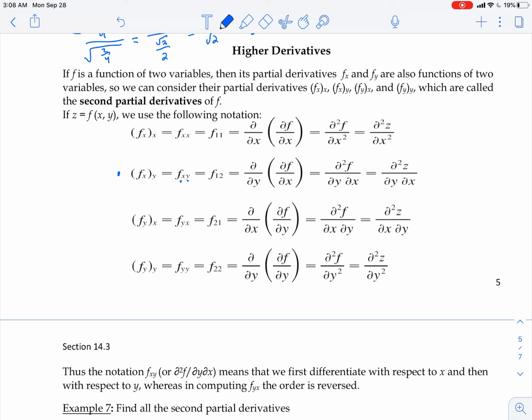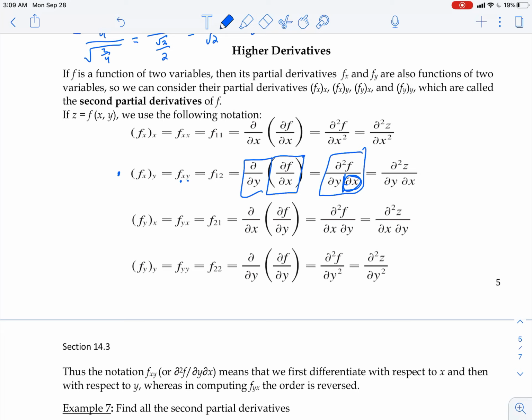But in the Leibniz notation, we took the partial derivative with respect to x first and then y, and what we take the partial derivative of first appears on the far right. What we do second appears on the left. So it's kind of reverse intuitive.